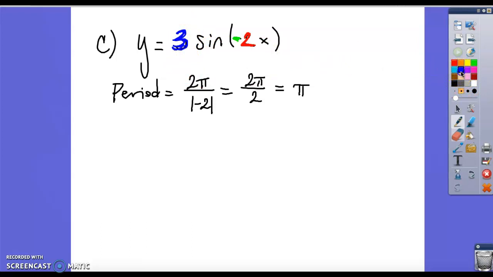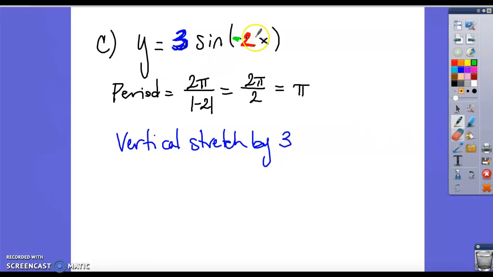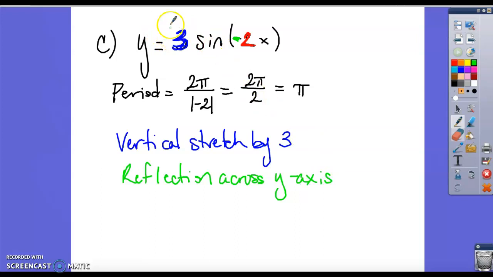When I multiply the function by a number greater than 1, that's a vertical stretch by 3. Once again, when I get inside the function, it just gets funky. If I make what's inside the function negative, that's a reflection across the y-axis. If it's out in front and the whole function is negative, that's across the x-axis. If it's inside, it's a reflection across the y.